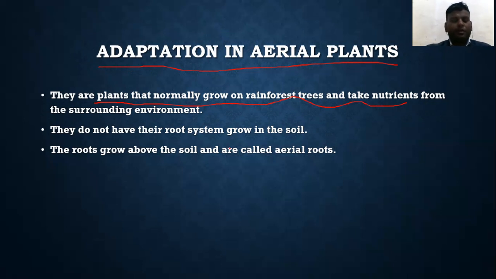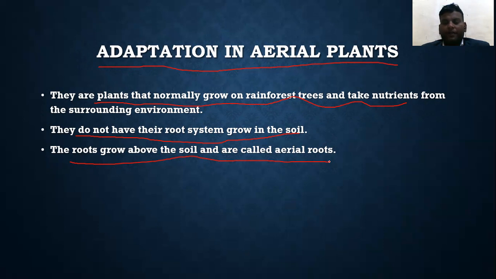They do not have a root system growing in the soil; their roots grow above the soil and are called aerial roots. These aerial roots serve different purposes: support, breathing, getting nutrients, and propagation.